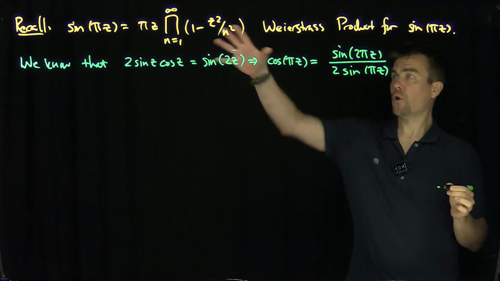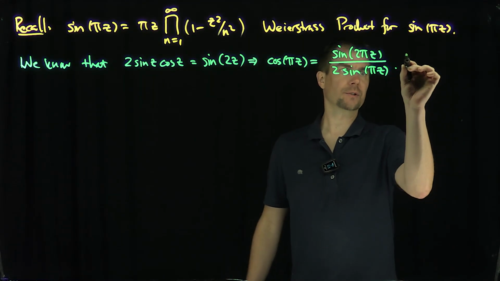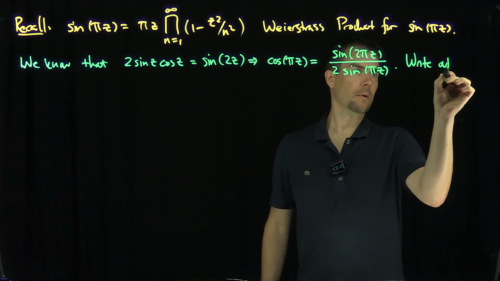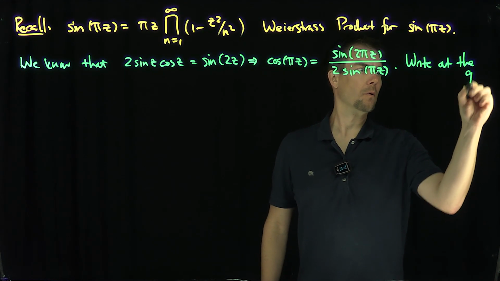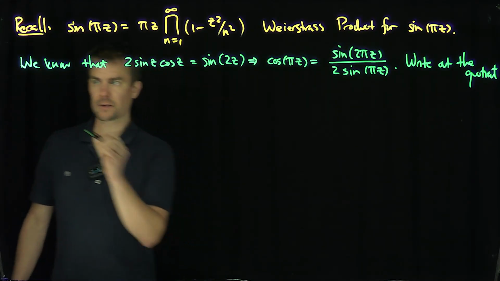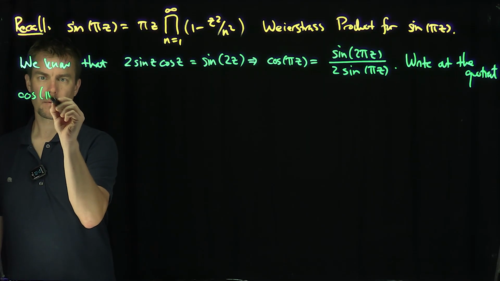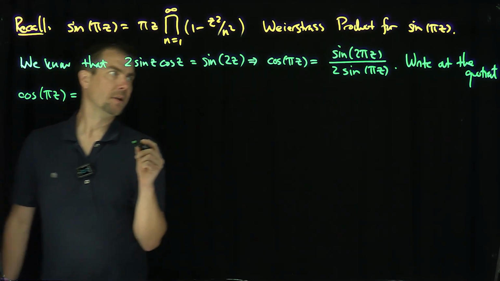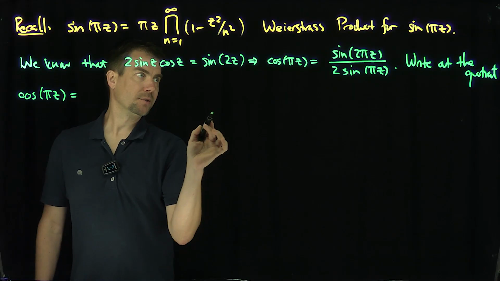And now I can write down the quotient of these two things. So that tells us the cosine of pi z is therefore, well, what's the product for sine of 2 pi z?